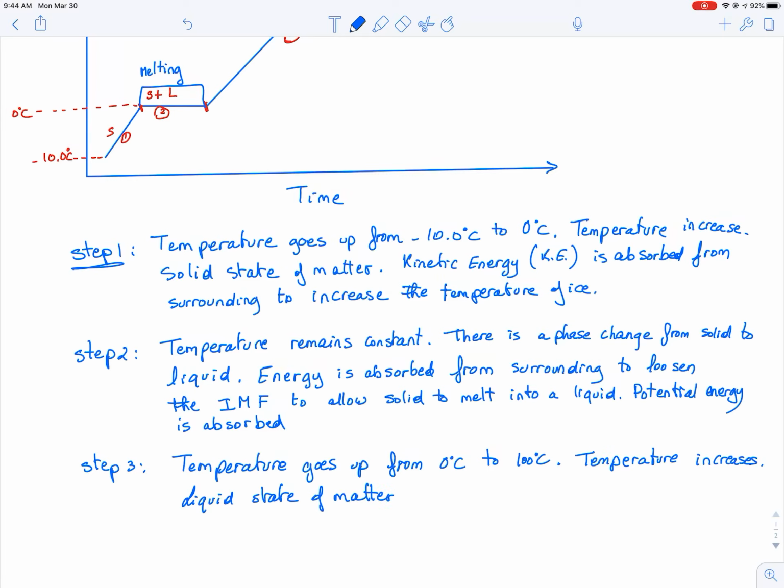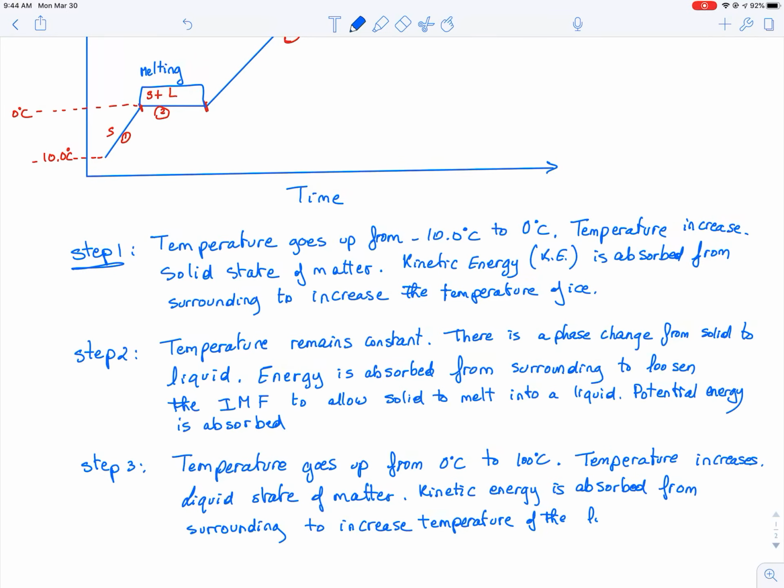And we know that kinetic energy is absorbed from surrounding to do what? To increase the temperature of the liquid.